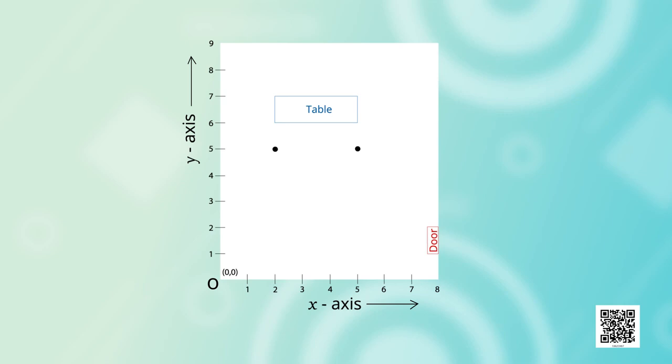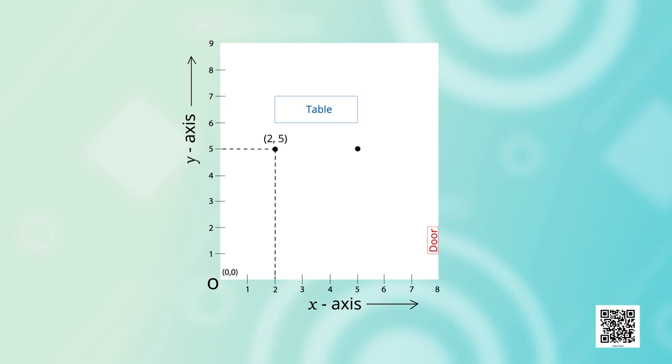Do you remember when we say 2, 5? 2 is the x coordinate or abscissa, that is distance of a point from y-axis. And 5 is the y coordinate or ordinate, that is distance of a point from x-axis. So in this way, the first stool will be placed here and second here.